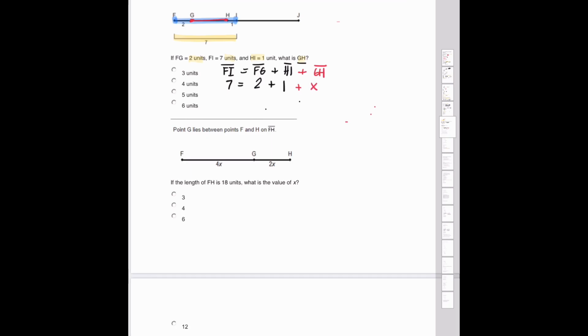Well, with this information, we can combine like terms. So that takes us to 3 plus x equals 7. Then we can subtract 3 from each side, given what we learned in algebra, and we get that x is equal to 4 units.